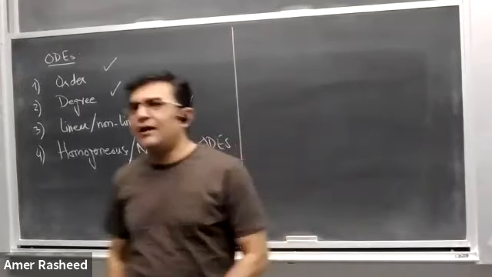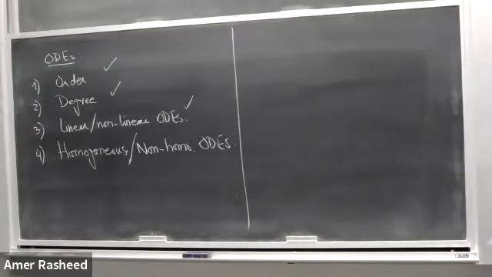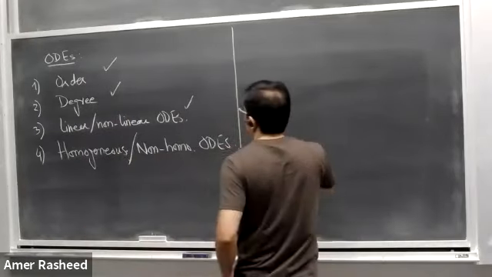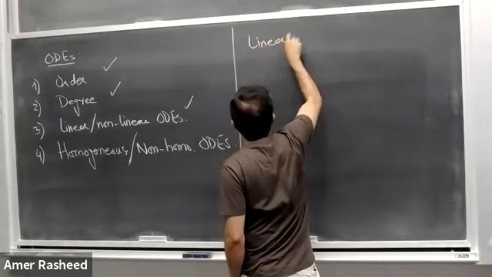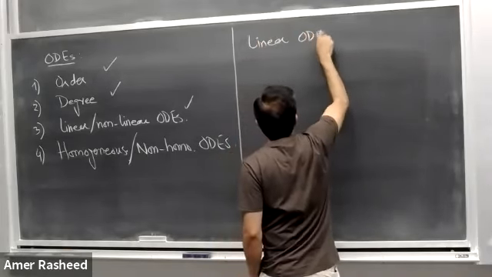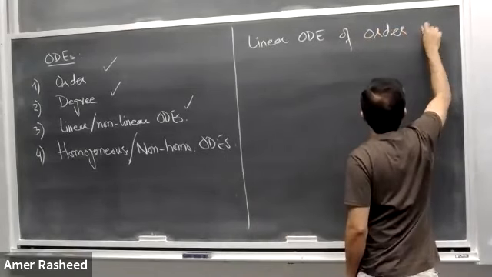Can we classify ODEs with respect to their linearity property? In fact, any general ODE of order n can be written as, let's start with the linear ODE of order n.